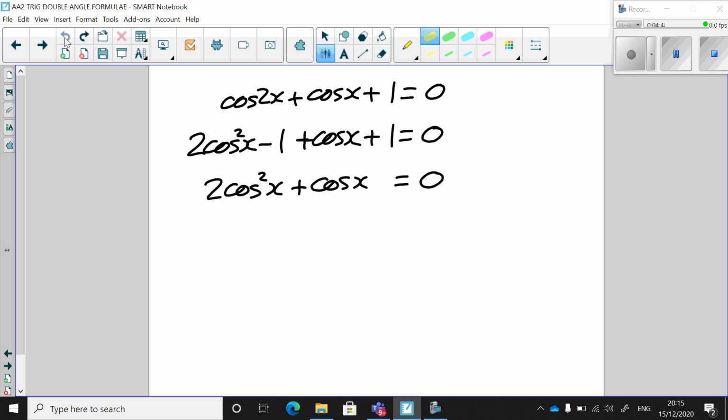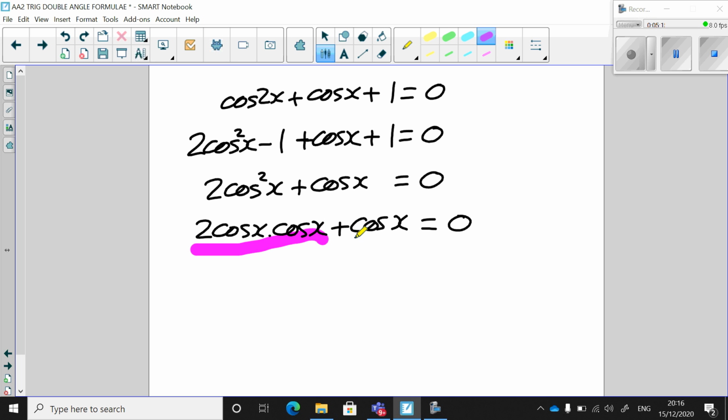I think I'm going to tidy this up a wee bit. The definition of cos squared x is actually cosine times itself, so that's why I've written it out like that. Right, it looks like I can see a common factor here. That's one term and that's another term. What do they both share?